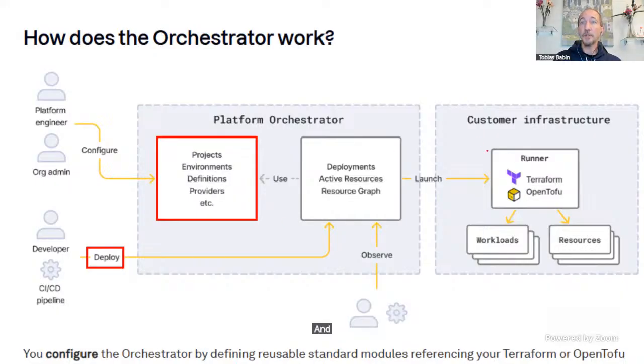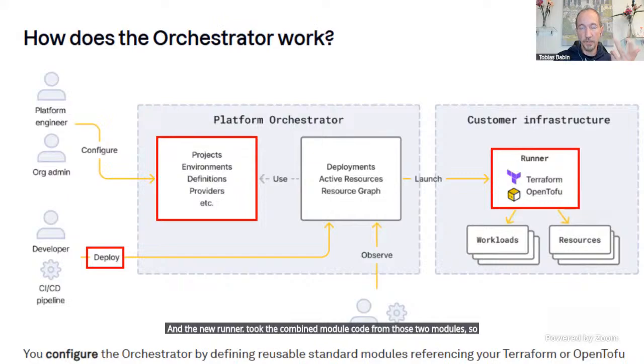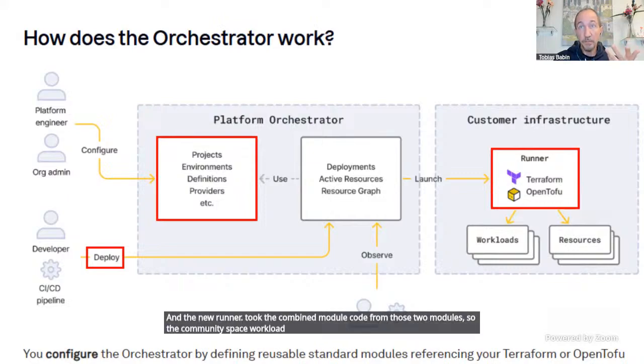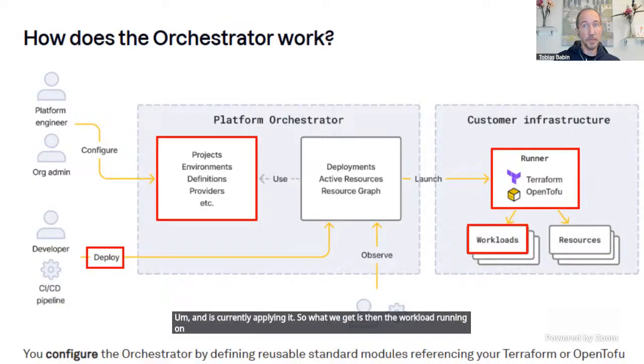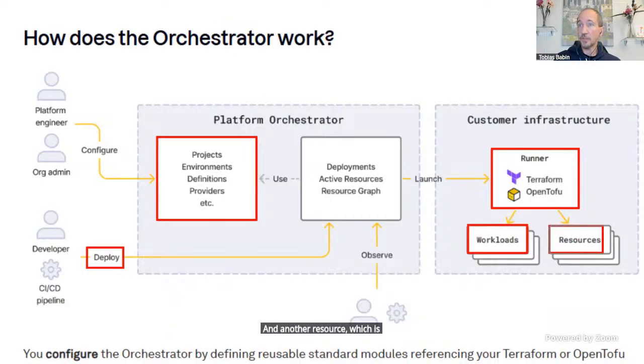And the new runner took the combined module code from those two modules, combined it into an aggregate piece of Terraform code, and is currently applying it. So what we get is the workload running on the Kubernetes cluster in our case, and another resource, which is new, which is the RDS Postgres on AWS.